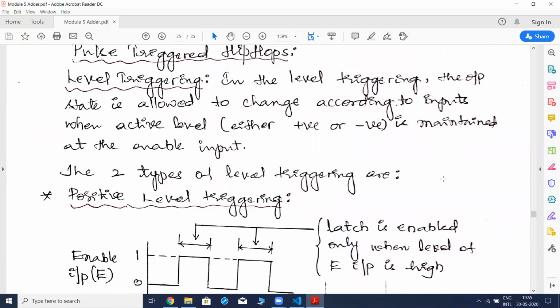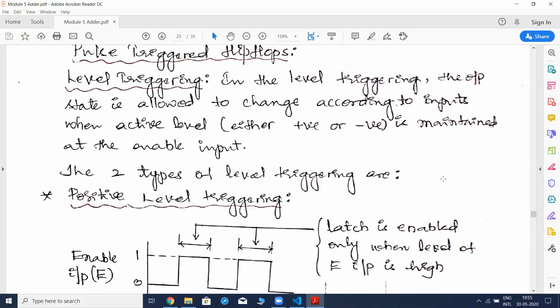This type of triggering is done for the latches, because latches are level triggered devices. Flip-flops are edge triggered devices.